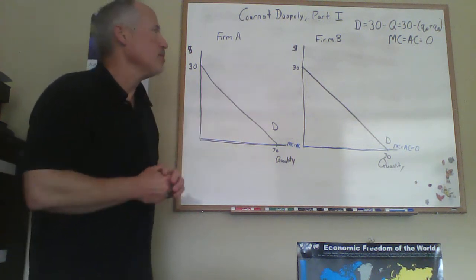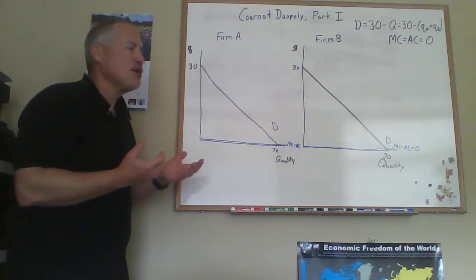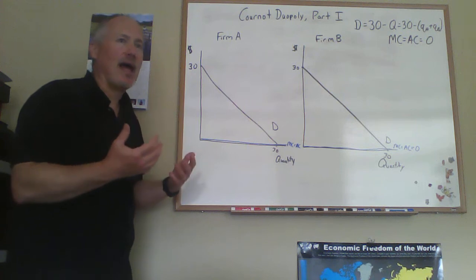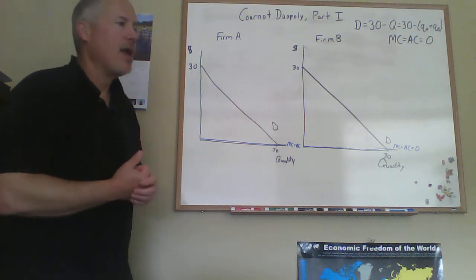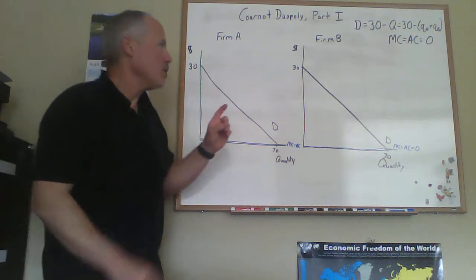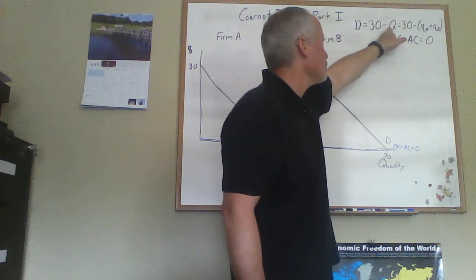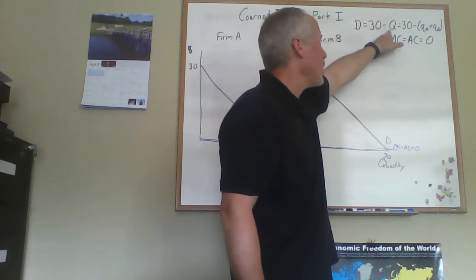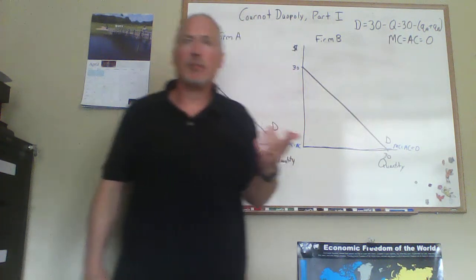But we have firm B. And now firm A has to make some guess about how it is that firm B is going to operate. And before we make that guess, one thing I do want to mention is that when we write out the demand curve, what we can do is we can substitute for the total quantity in the market with QA plus QB.